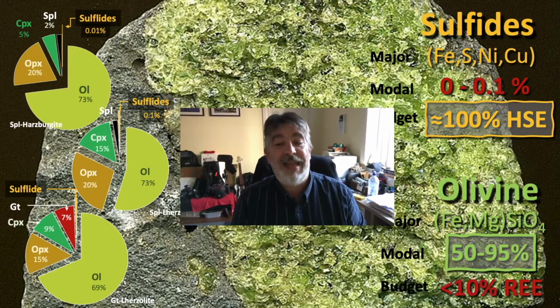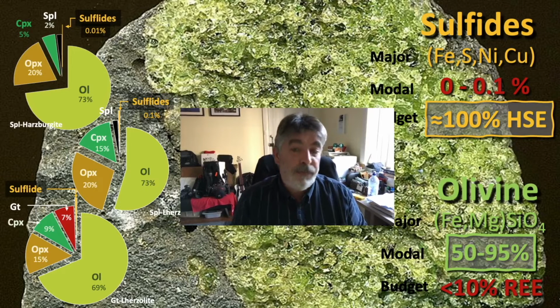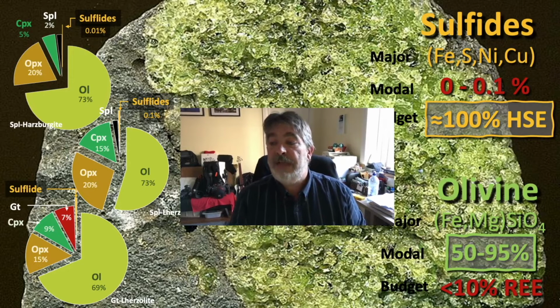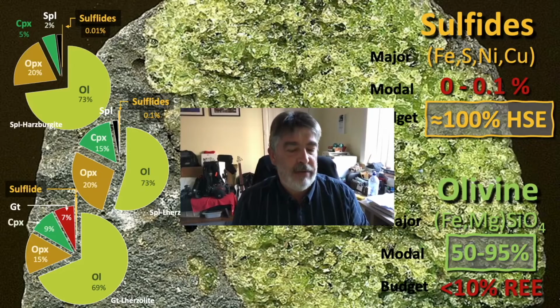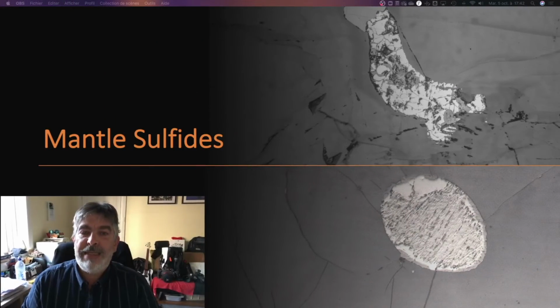Very abundant but extremely poor in trace elements, and that has, until now, severely impaired its use as a key mineral. I will hopefully convince you that thanks to mass spectrometry advances, olivine is the next best key mineral indicator. So let's now talk about mantle sulfide.